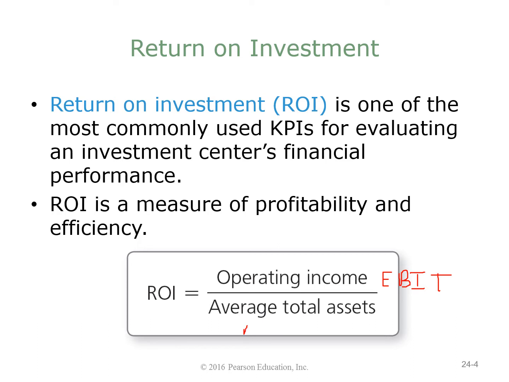The average total assets is calculated as the beginning balance of assets plus the ending balance, over 2. This is the average total assets.